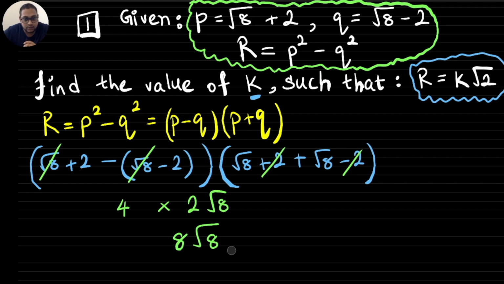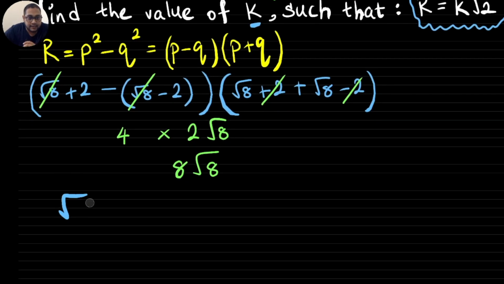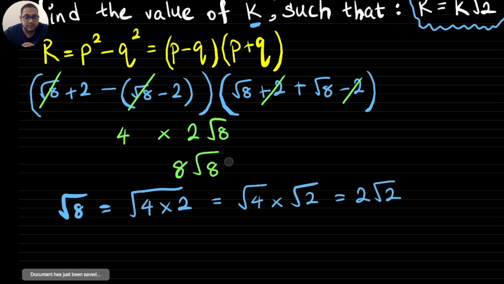But for those who do not know, root 8 can be written as root of 4 multiplied by 2, and using the rules of indices, I can rewrite this as root 4 multiplied by root 2. 4 is a square number and root of 4 would be 2, so we have 2 root 2, which means instead of writing root 8, I can rewrite it as 2 root 2, which means I have 8 multiplied by 2 root 2.